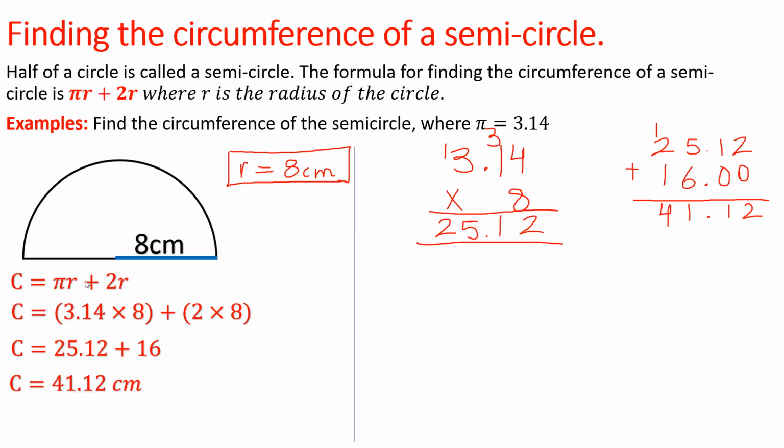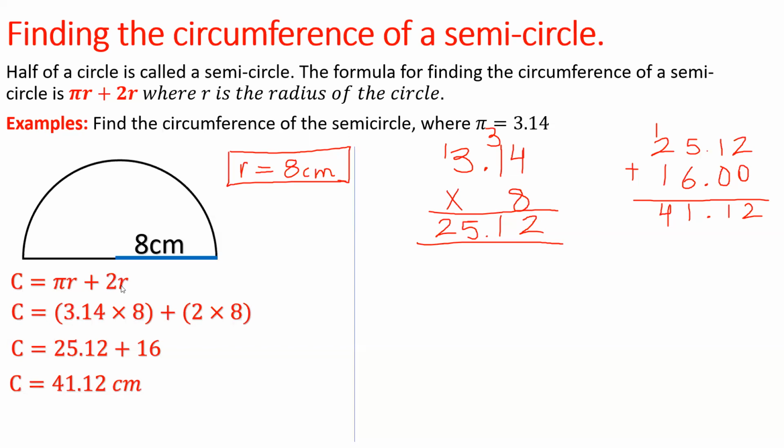So first you have to use the formula, C equals pi r plus 2r. What is pi? Pi is 3.14, right? Yes, sir. Good. And what is r? 8 centimeters. Good. And so we have 3.14 times 8.